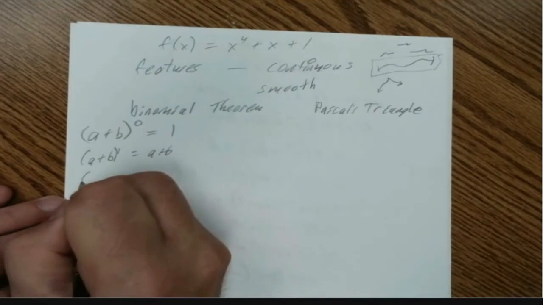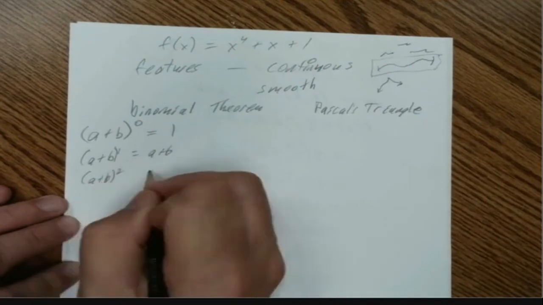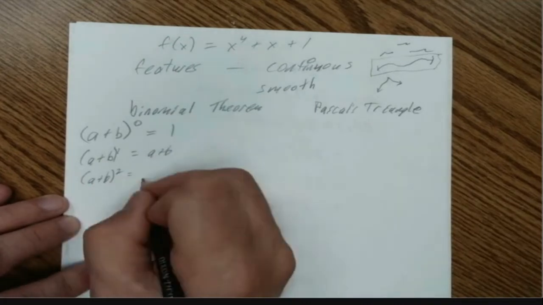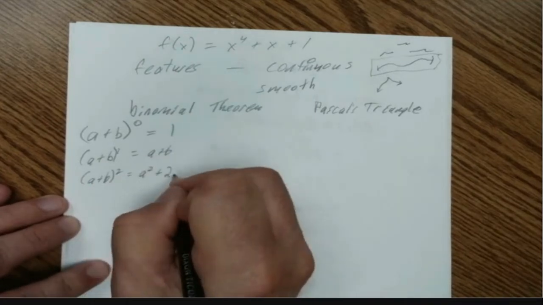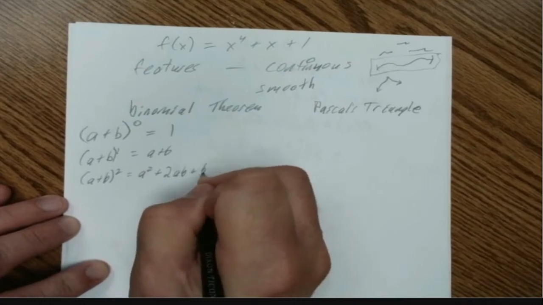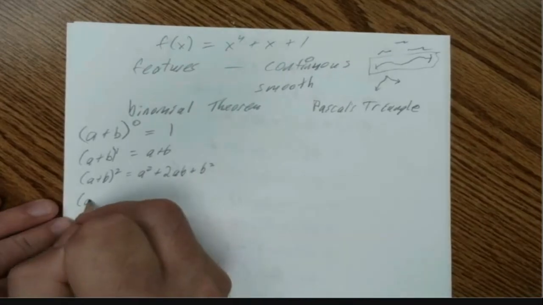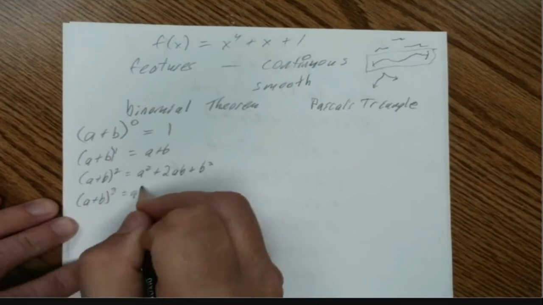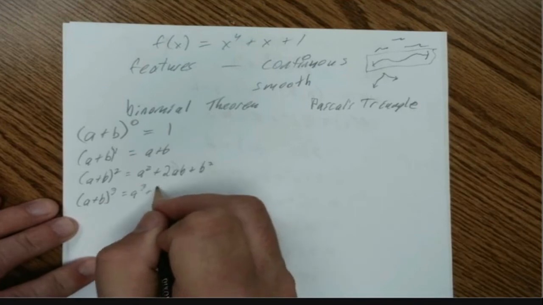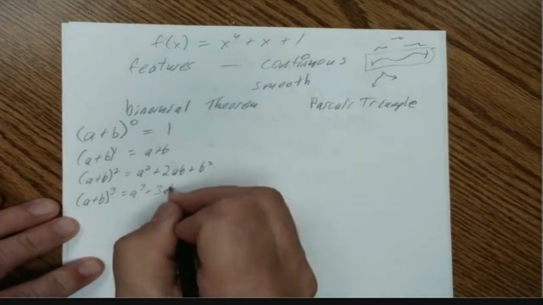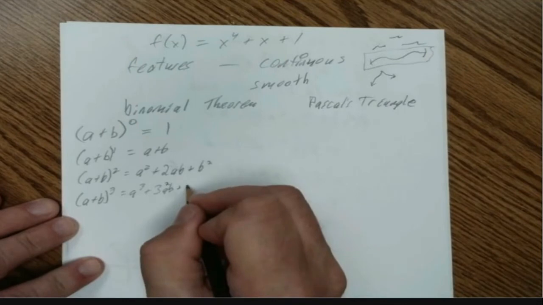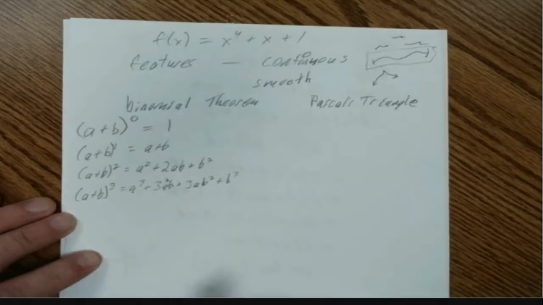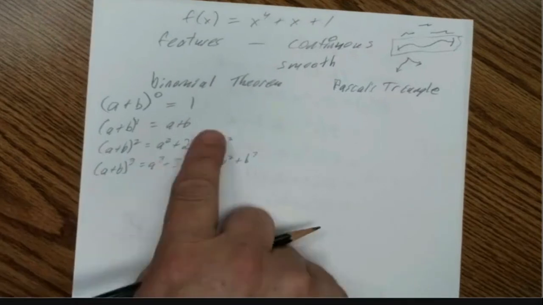If we have a plus b to the second power, that's a plus b times a plus b, which is a squared plus 2ab plus b squared. And it gets longer and longer. You can only memorize so many of these. A to the third power plus 3a squared b plus 3ab squared plus b to the third power. There develops a pattern in all of this.